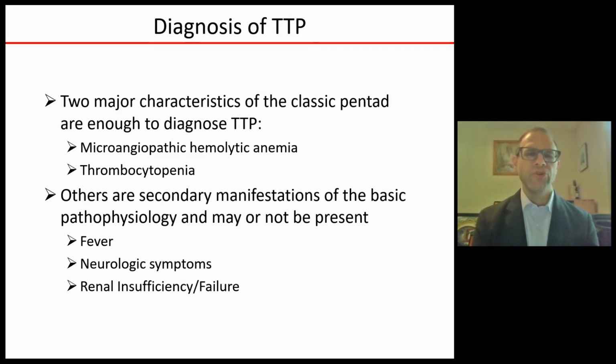But it is unusual for all five of these features to appear in a case of TTP. What we absolutely need are the first two, the schistocytes and the thrombocytopenia. All others may or may not be there.